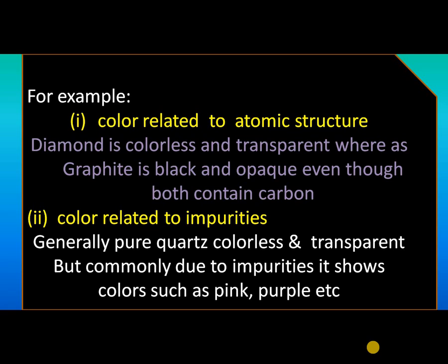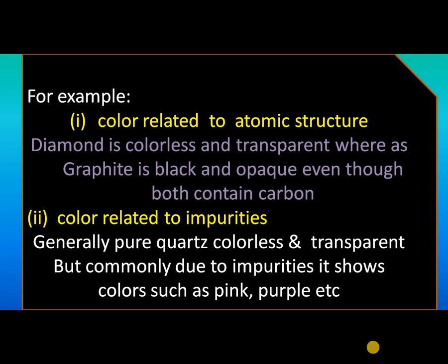If we study the color related to the presence of impurities, pure quartz is colorless and transparent. But if some impurities are present, that quartz exhibits a pink color or purple color. That means because of the presence of impurities, we can call it pink quartz or purple quartz.